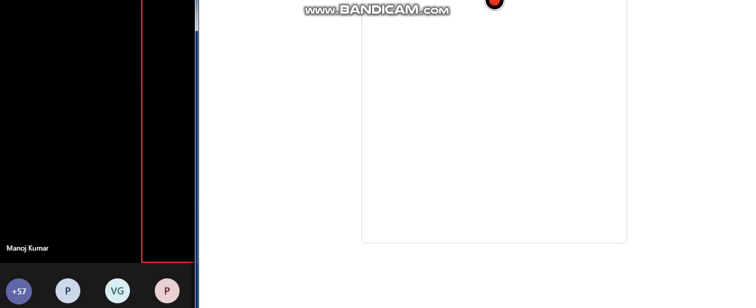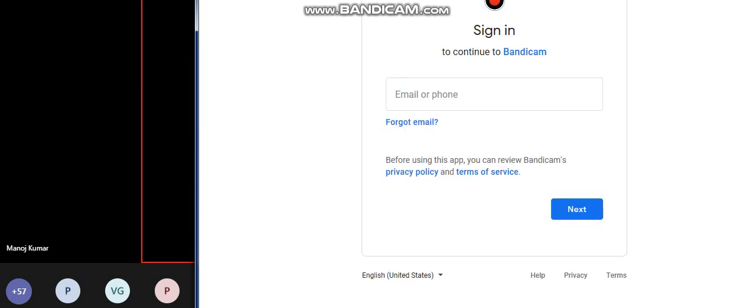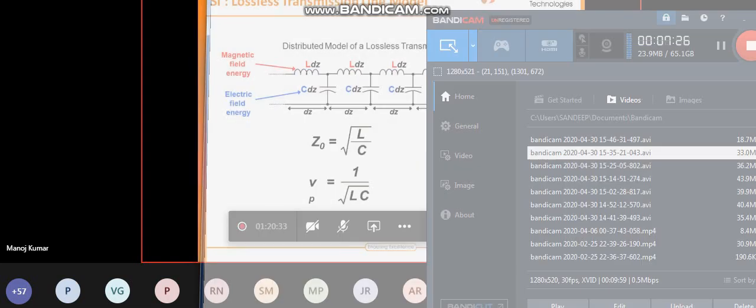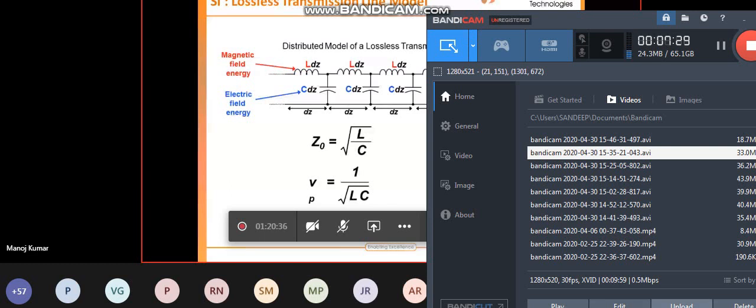In case of the distributed model, each inch, or each unit length, will be modeled as an LC series. I'm calling it lossless because we haven't modeled any resistor here. If there is a resistor, it will start dissipating energy, and we don't want that to happen inside a transmission line.